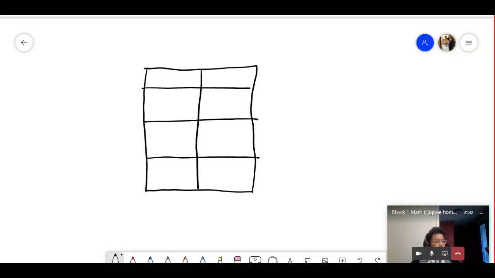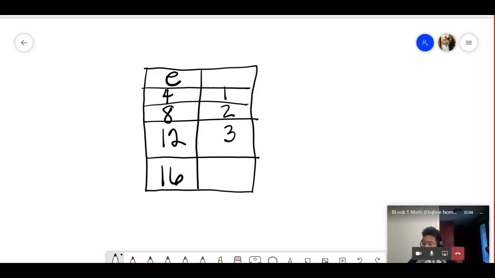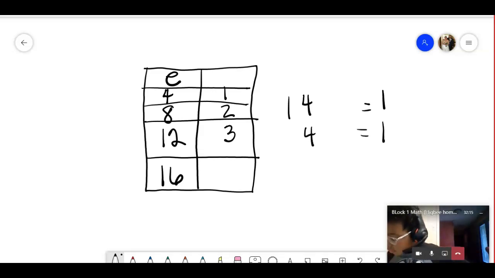And our variable is e. What I know is 4, 8, 12, and 16. And I also know 1, 2, and 3. All right, so I'm going from 4 to 1, which means I'm decreasing. So my choices are to subtract or divide.